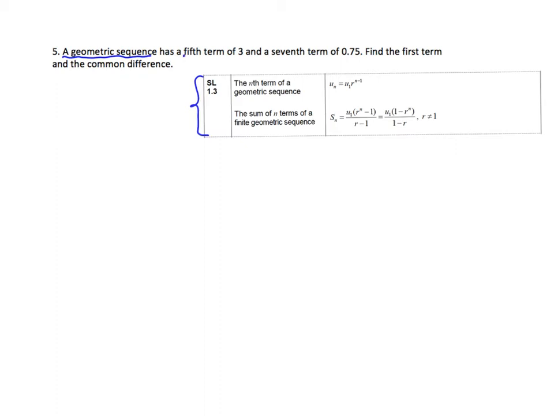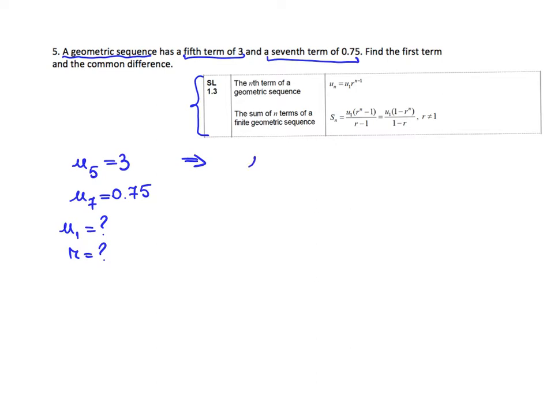Fifth term is 3. So U5 is 3. Seventh term is 0.75. So U7 is 0.75. Find the first term and the common ratio. Let's put this equation in terms of U1 and r.